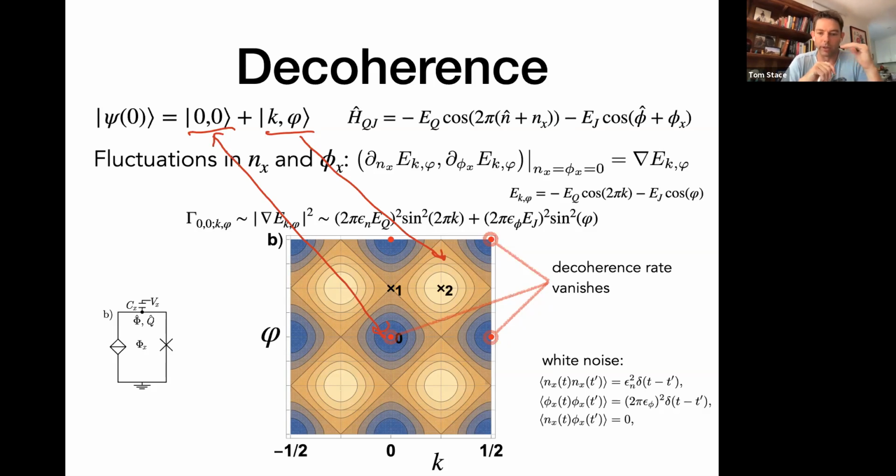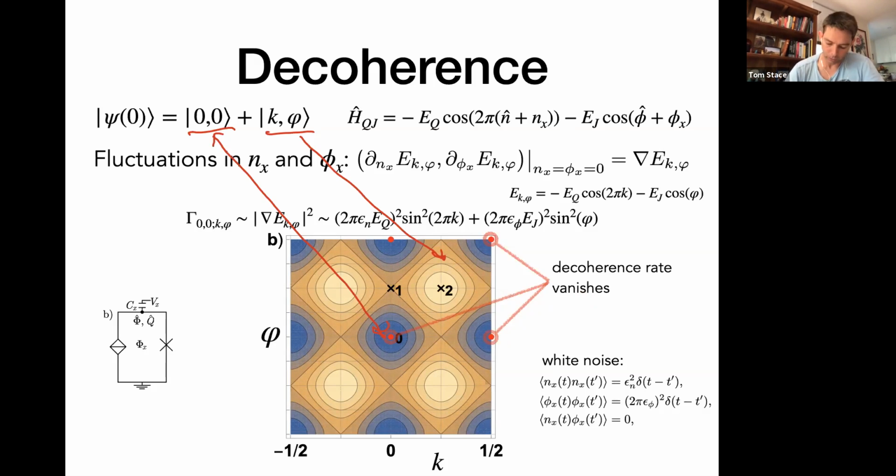So it rejects noise at linear order. Other states, like the one here, for example, sit on some slope of the energy landscape. And so small changes in the charge or flux will lead to linear changes in the energy of that particular state. But there are other states than the ground state that have the property that the energy landscape vanishes.